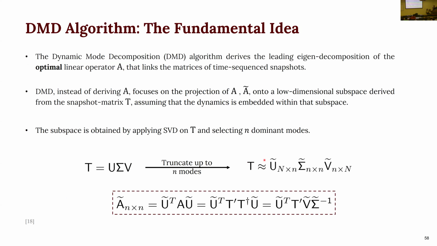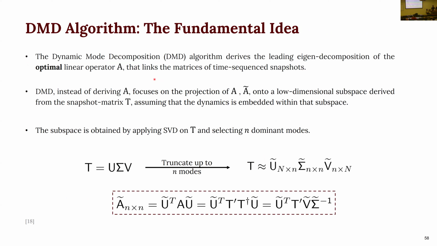So what DMD does, it derives the leading eigen decomposition of A. Instead of finding A, we find the leading eigenvalues and eigenvectors of A using DMD. So we don't actually have to calculate A ever.